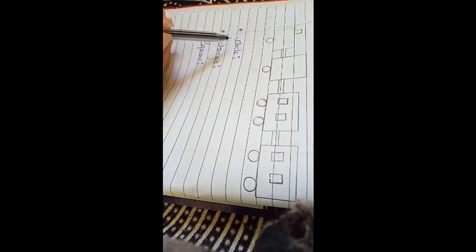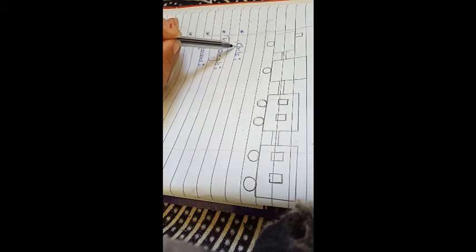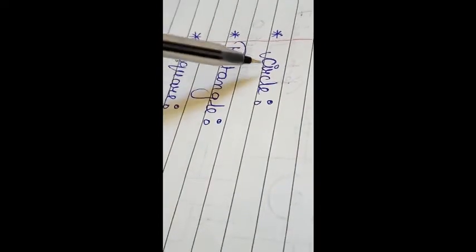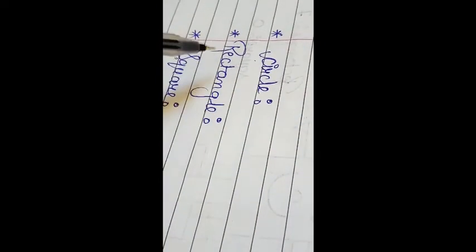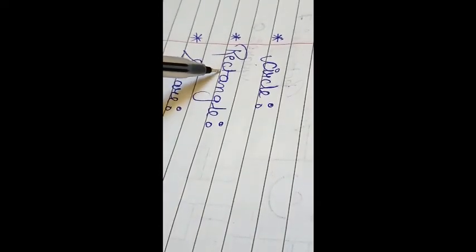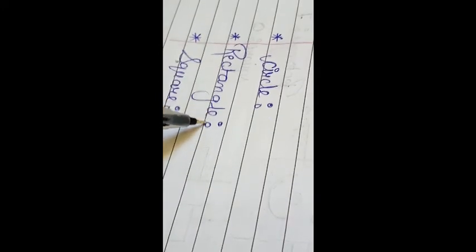Okay, circle, how will we pronounce it? Circle. Circle. Okay, next is rectangle.